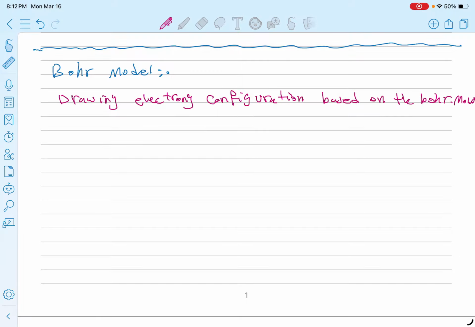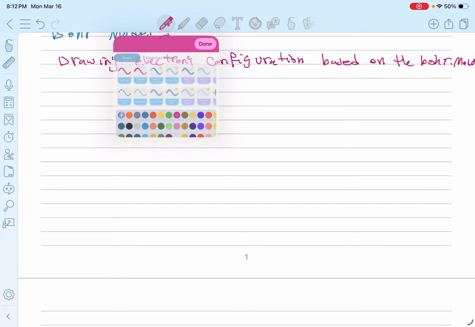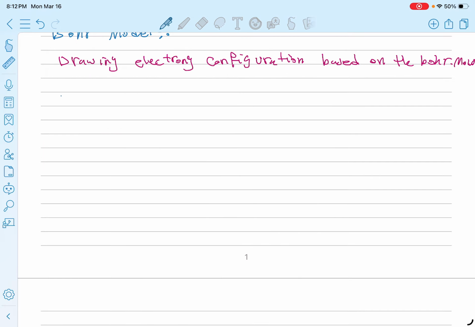For example, you know the periodic table has 8 columns and 7 rows; you learned this in grade 10. So, for example, we want to draw the Bohr model for lithium.